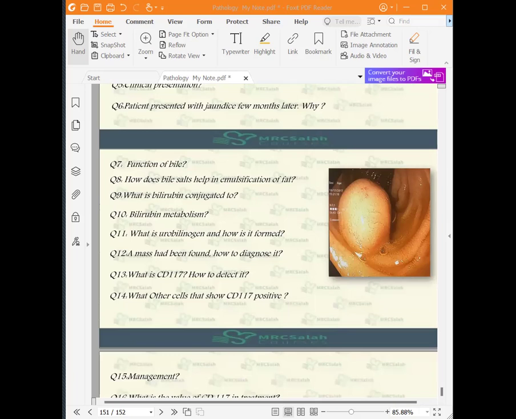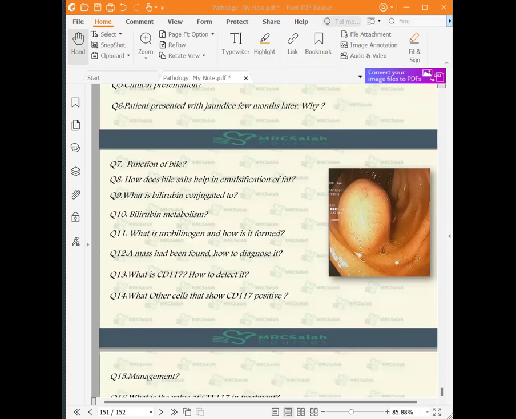Bile salt has a hydrophobic part and a hydrophilic part, and bile salt aggregates around a lipid droplet.